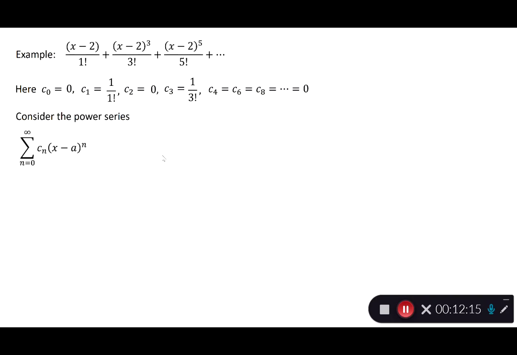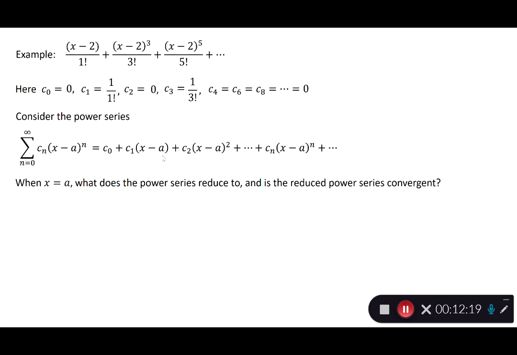Now consider the power series, this one, and let me ask you, when x equals a, remember, x is an independent variable. We can make it out to be whatever number we want. So let's say x is equal to a. Then what happens to this series?